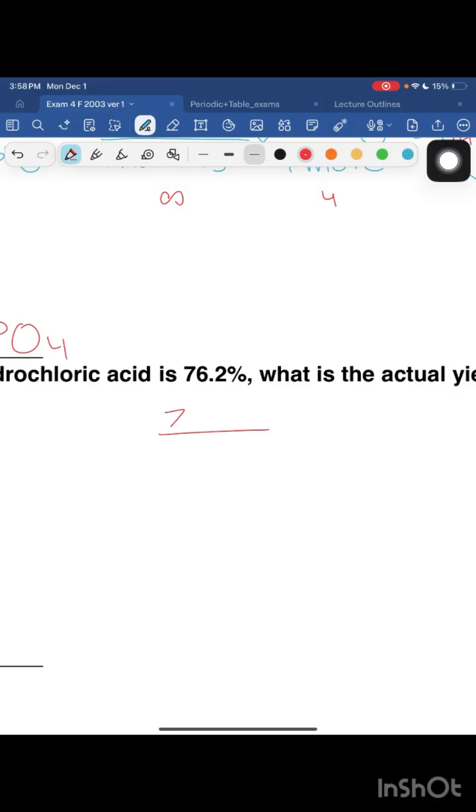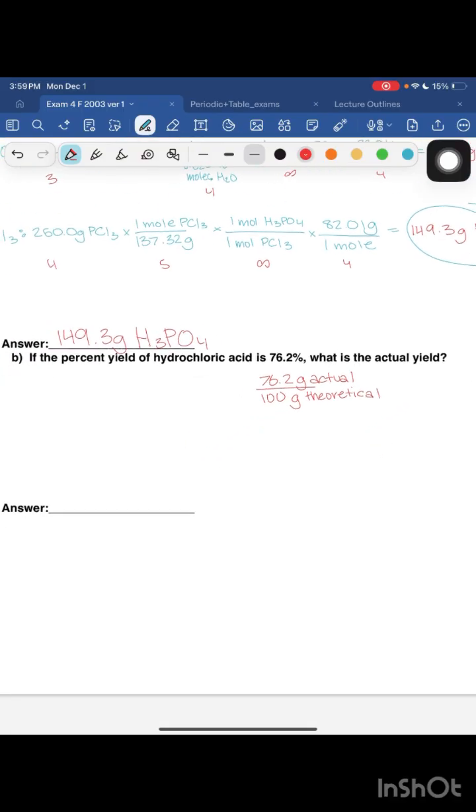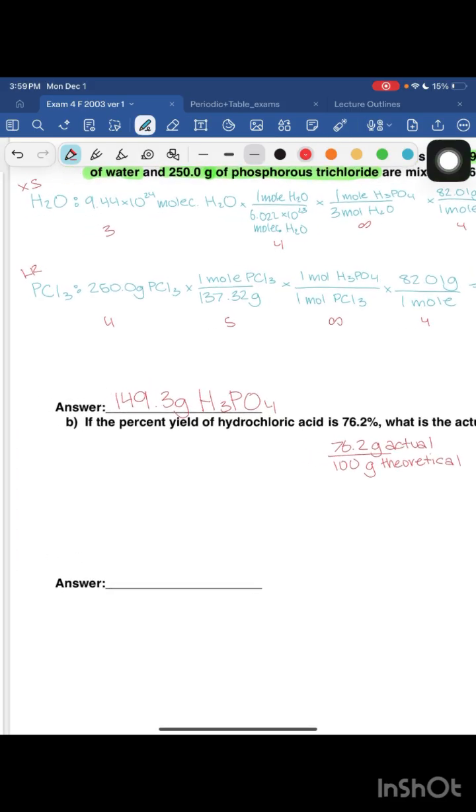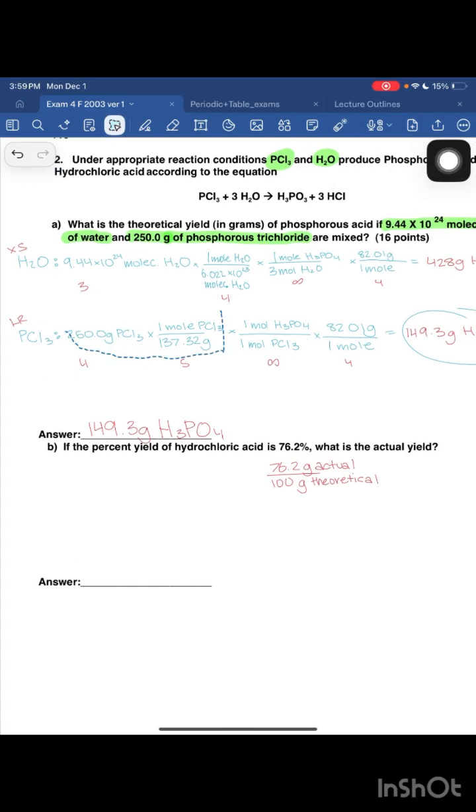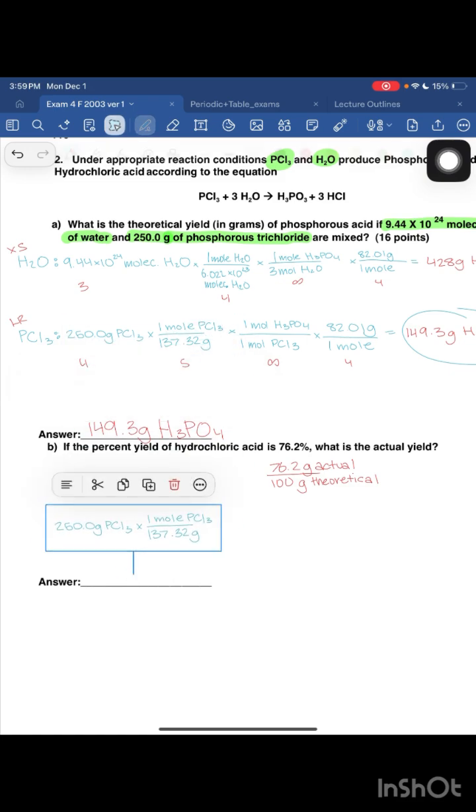So we say for every 76.2 grams actual, it's 100 grams theoretical. We're gonna start, because this is our limiting reactant, we're gonna take this and just rewrite it. It's to the point where I'm literally just going to do that. Make my life easy.